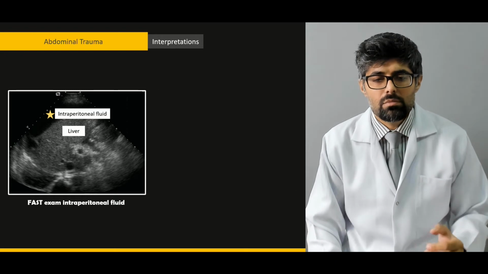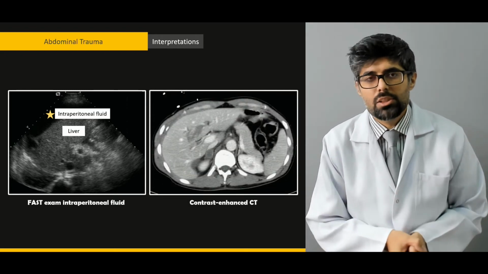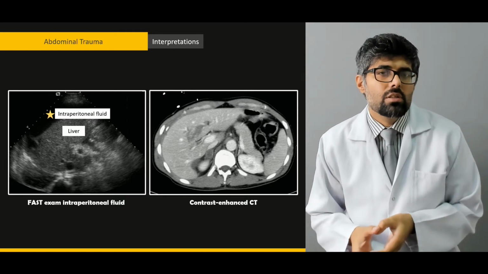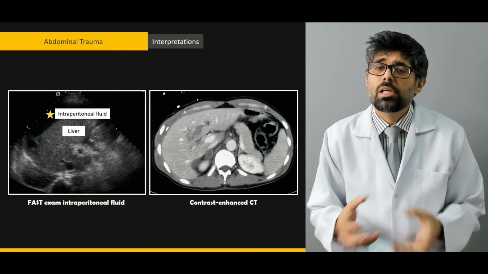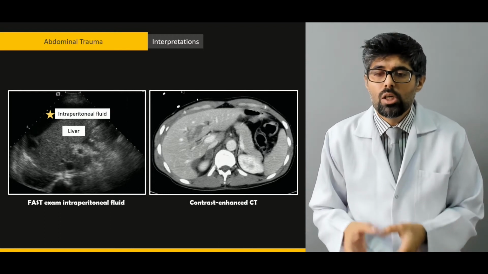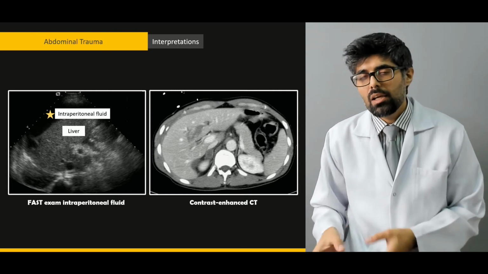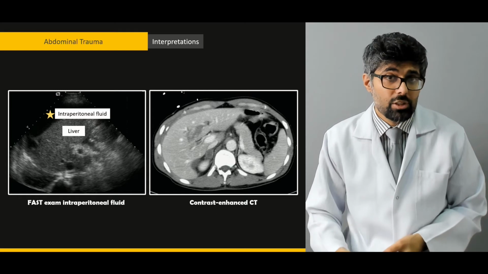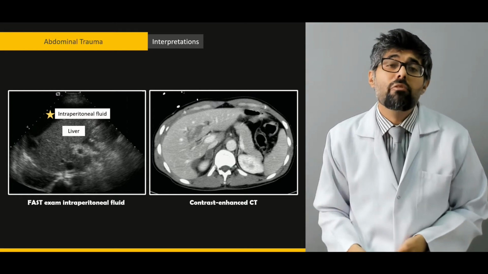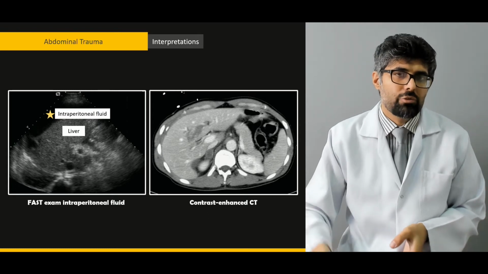Another thing is that we perform contrast enhanced CT. If our patient is not hemorrhaging, he or she is hemodynamically stable, so we perform a contrast enhanced CT. And in that contrast enhanced CT, we usually perform first an arterial phase in order to find out the location of the bleed.